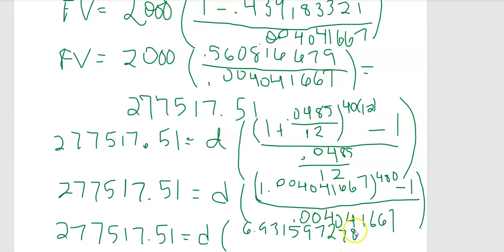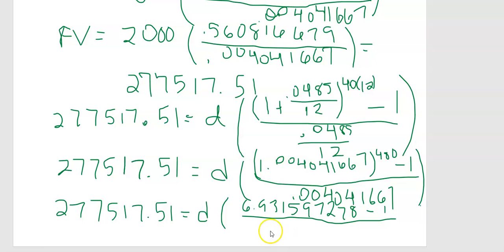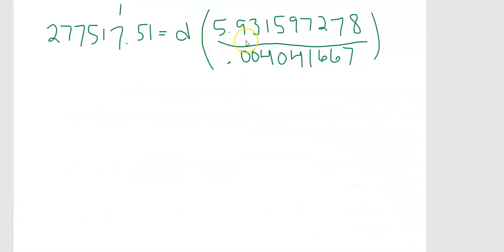And then I'll still have my -1 and the bottom. And let me see if I can move this just a little bit, and then the page, it's hard to get it to go to a second page in Word, so I might have to fool with it here in a second. All right, so next we want to take the 6.931597278 and subtract the 1 on top. So we'll do that. So I get 5.931597278.